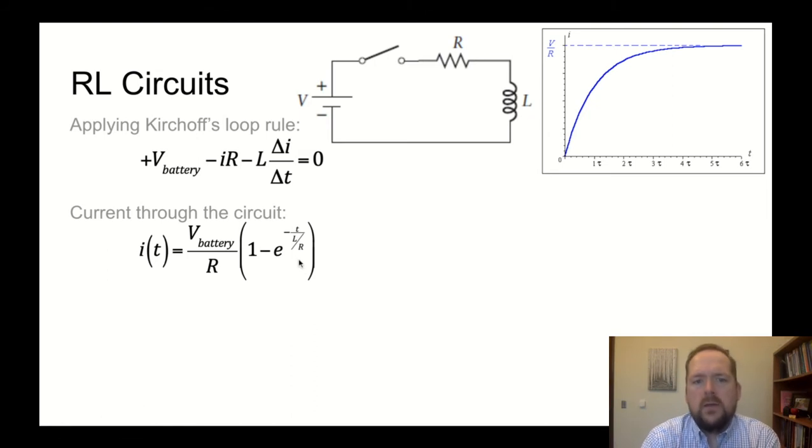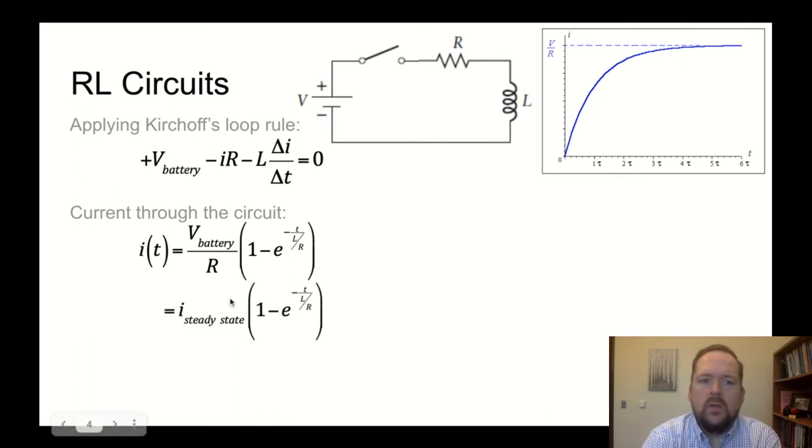But different from the capacitor circuit, the factors that it depends on are the inductance and the resistance. And instead of resistance times capacitance, as we saw in the capacitor models, here it's inductance divided by resistance. And you could call this the steady state current. Often you see that representation. Again, that's the plateau current that this reaches.